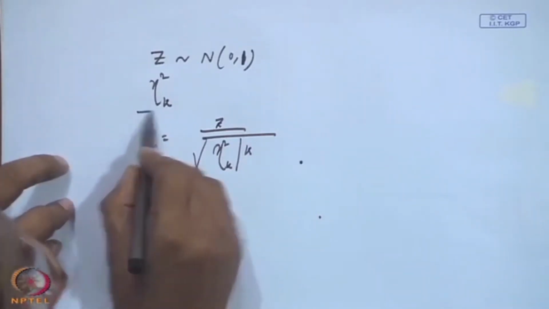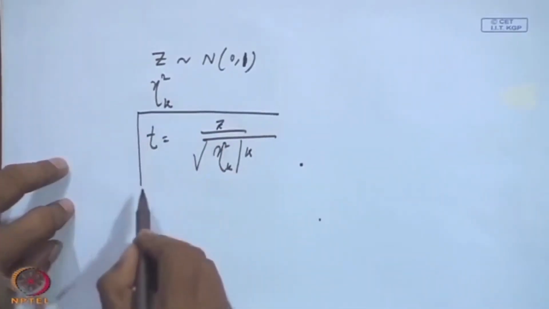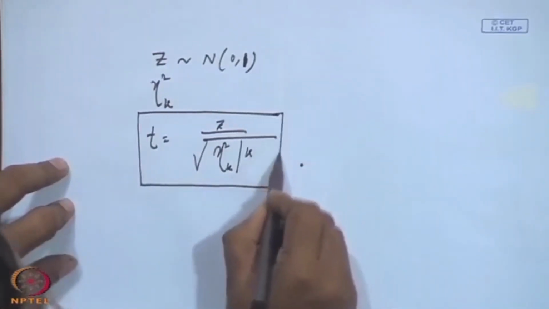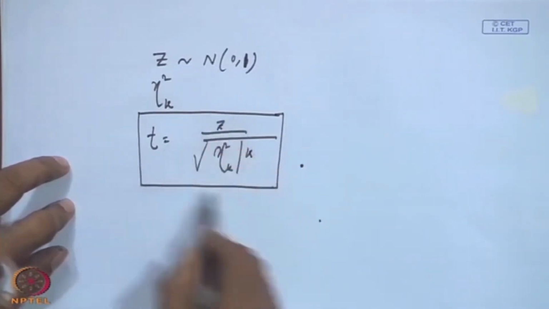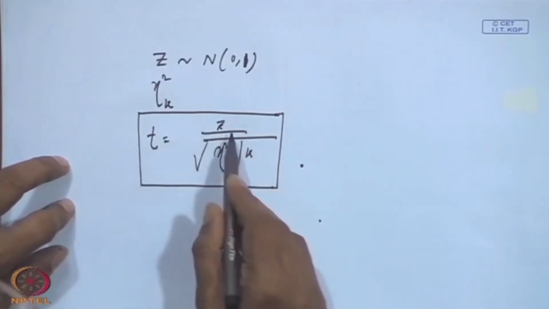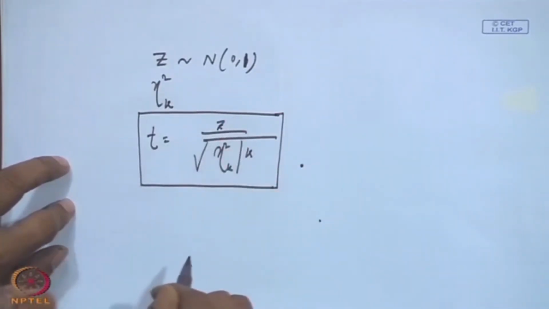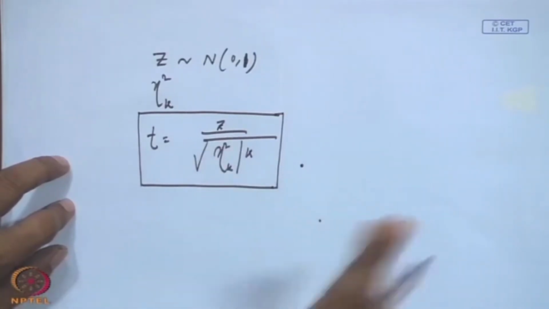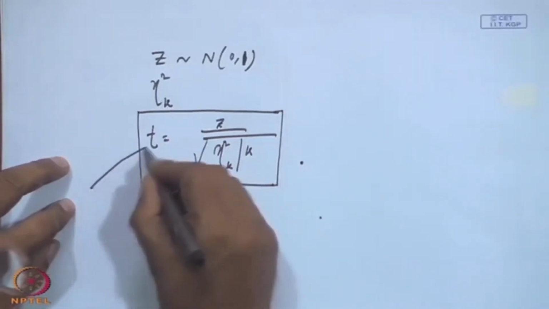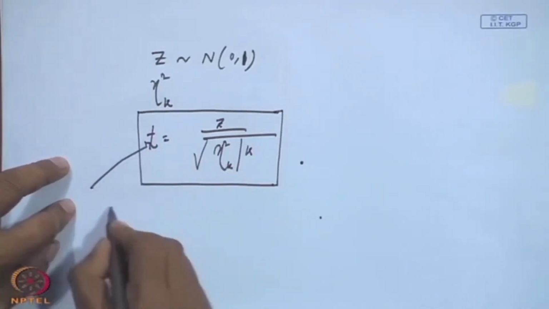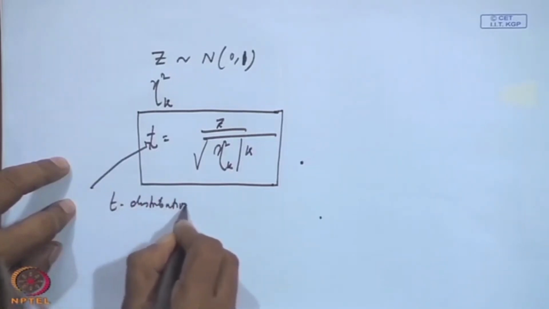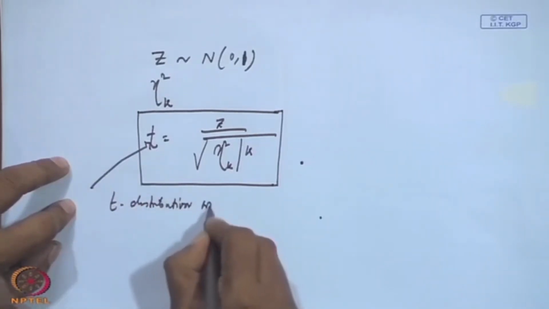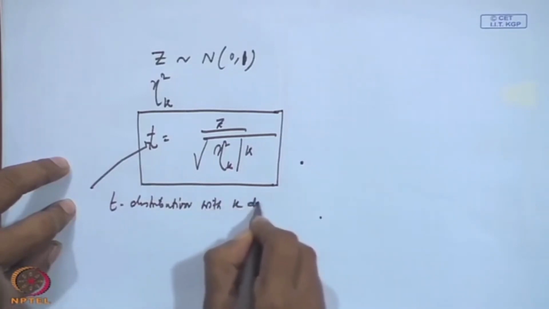Now, in your development process, suppose when you are developing a model, if you find that you have created some variable which is of this form, that normal by square root of chi-square divided by its degrees of freedom, then this quantity, the T, will follow T distribution with k degrees of freedom.